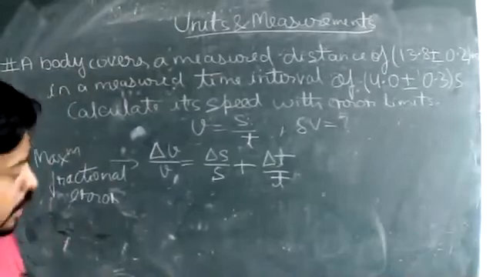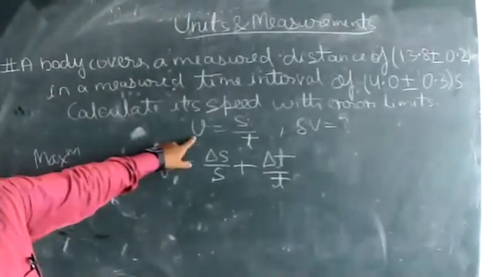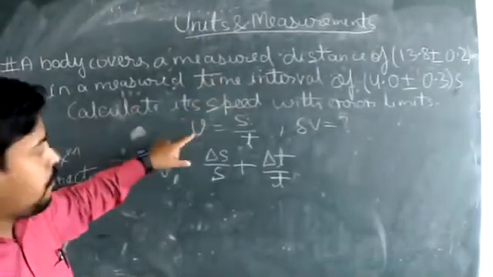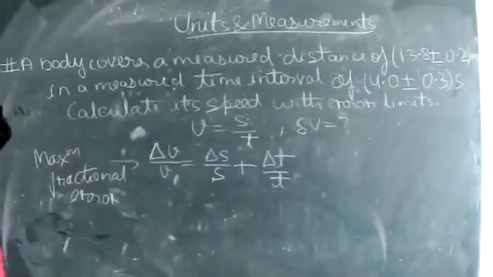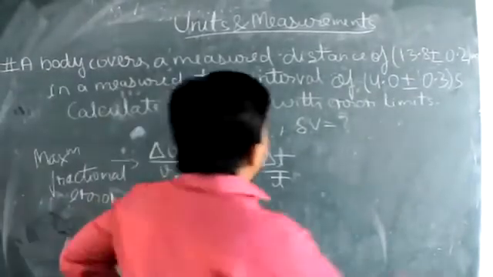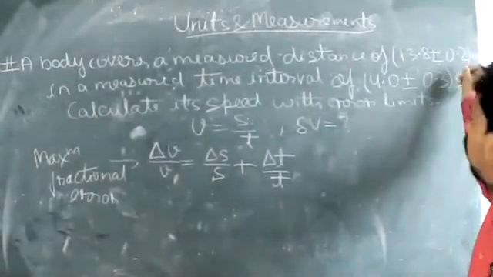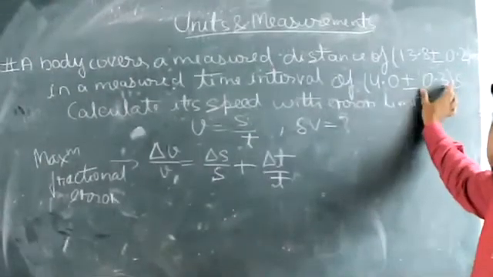Now something has been given to us, and we can easily calculate the value of V according to the given expression. So what will be the value of V in this case? This is the distance term along with its error. This is the time term along with its error.